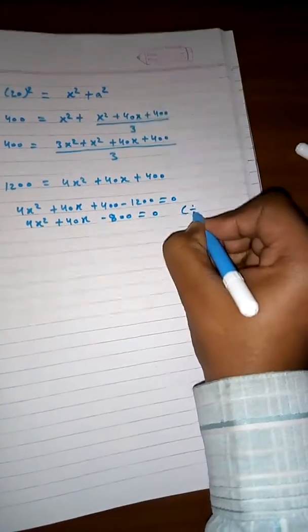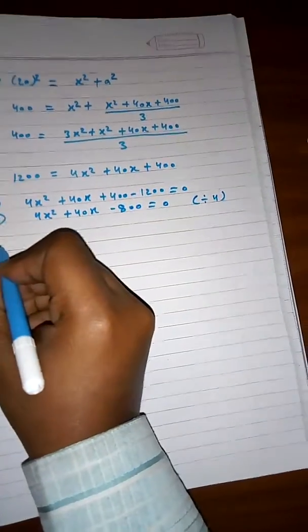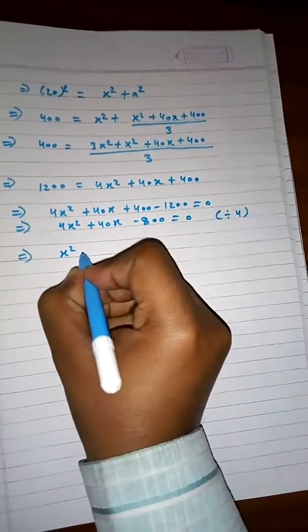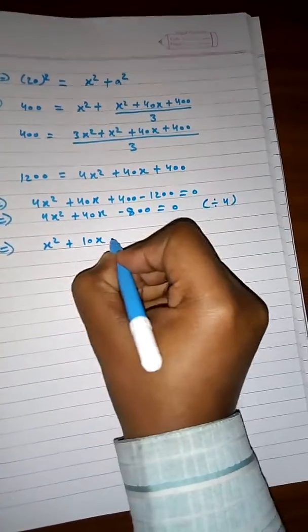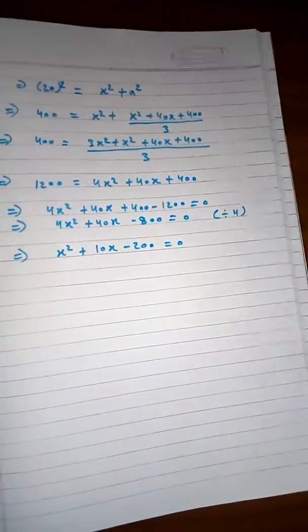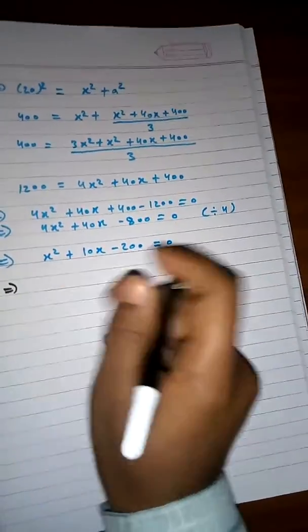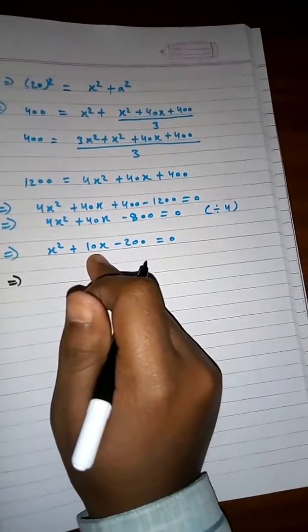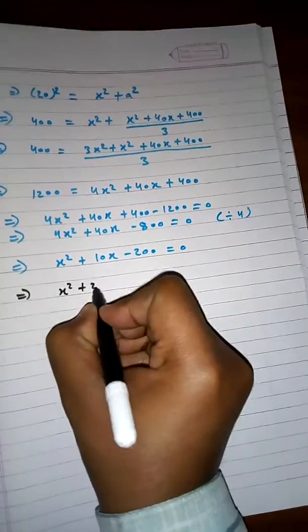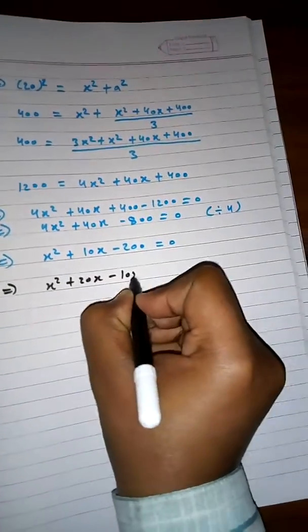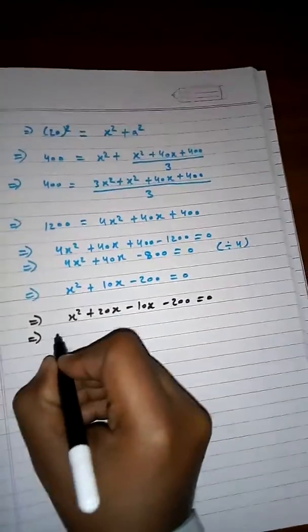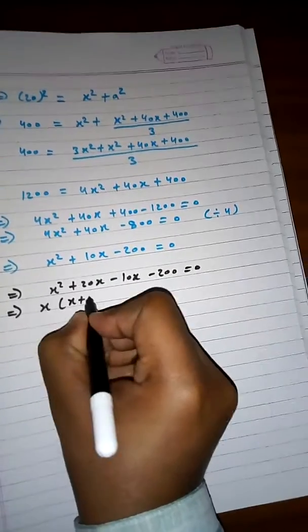Now dividing the whole equation by 4, we get x square plus 10x minus 200 is equal to 0. Now using the middle term splitting method, we split this 10 as 20 minus 10. That is x square plus 20x minus 10x minus 200 is equal to 0. x is common, x plus 20.